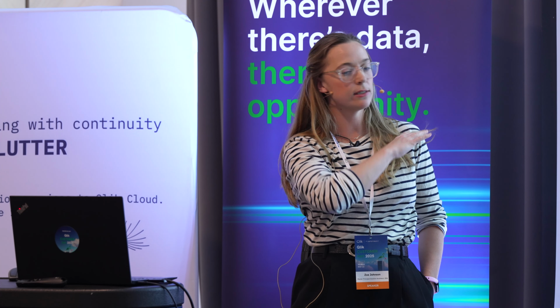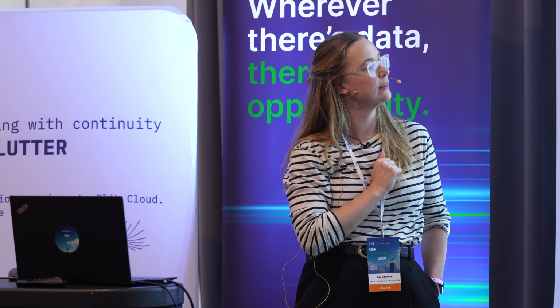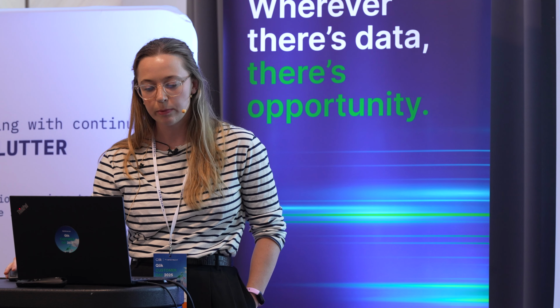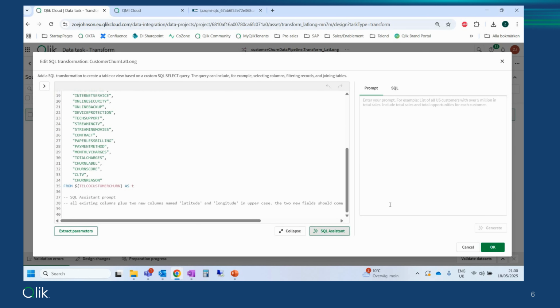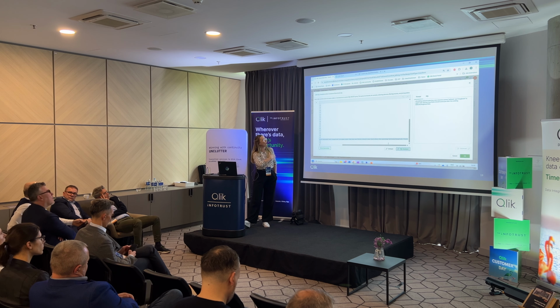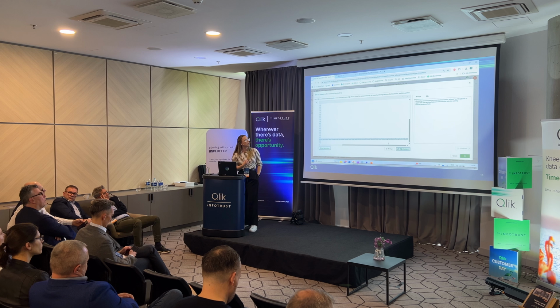So the first way is just to write the SQL as you want on the left-hand side. The second way that I mentioned is actually going to be using a natural language prompt to generate the SQL using generative AI. So I can put in a prompt like, I'll use all my existing columns plus 2 new columns named latitude and longitude.